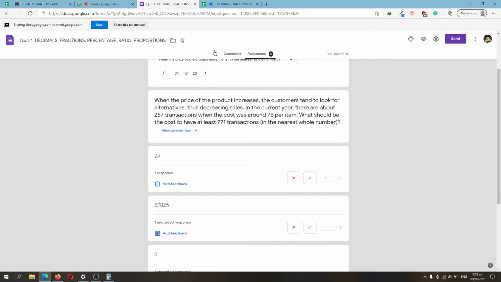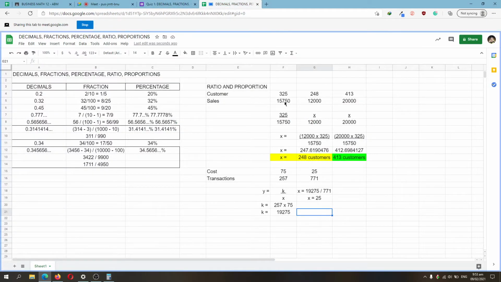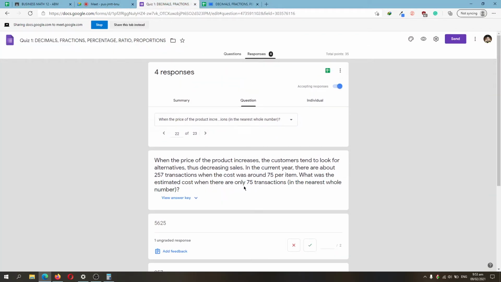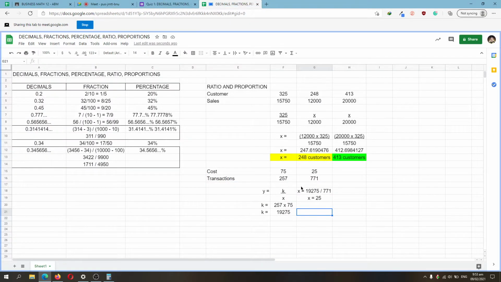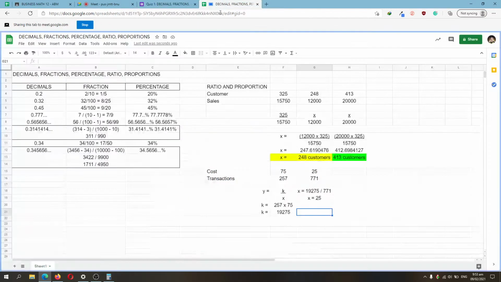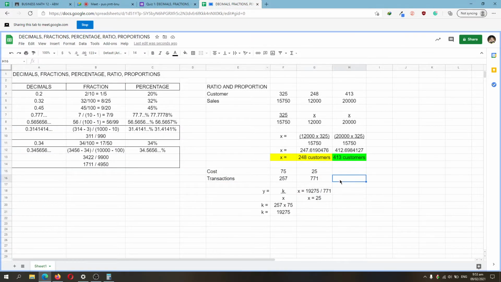So, 25. Next, meron tayong tinatawag na what if. Yan. So, sabi niya, what if ano daw ang estimated cost when there are only 75 transactions? So, ang transaction natin from 257 naging 75.